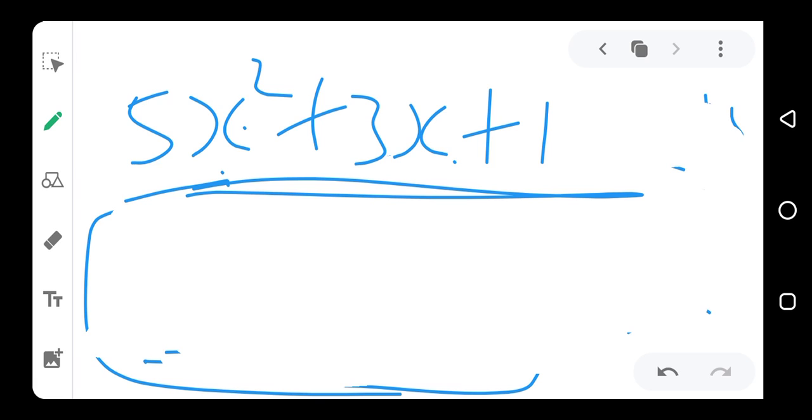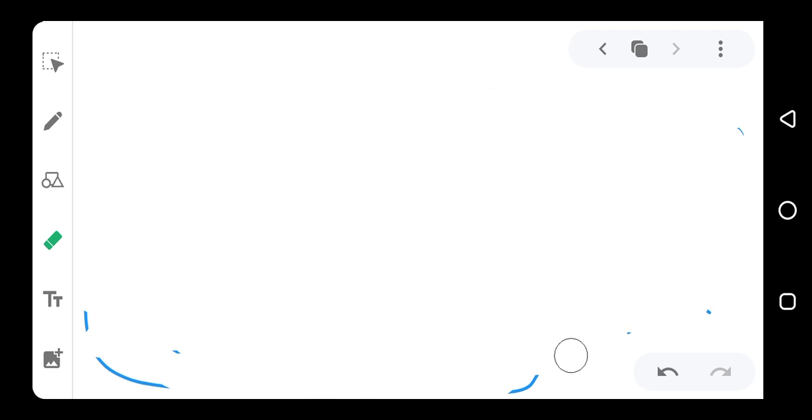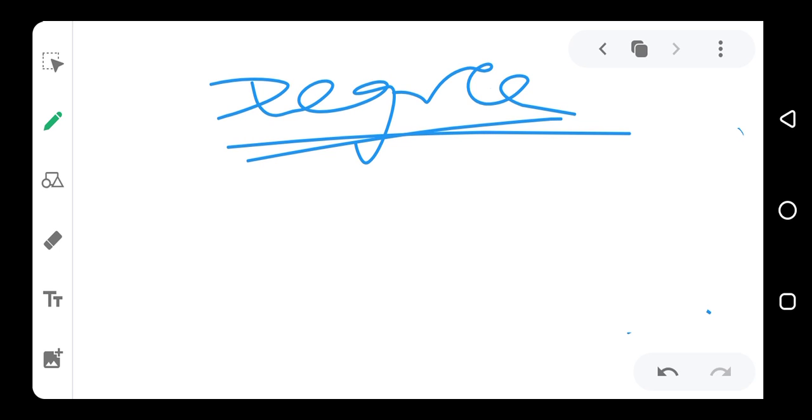Now we have what we call degrees of polynomial. The degree of a polynomial is the highest power in the polynomial.